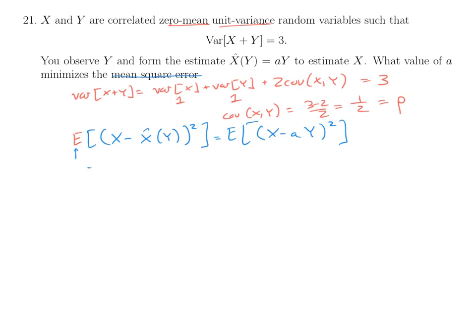And now you do some calculations. You square what's inside here, and then you take the expected value of each piece. So there's a lot of stuff being tested here.